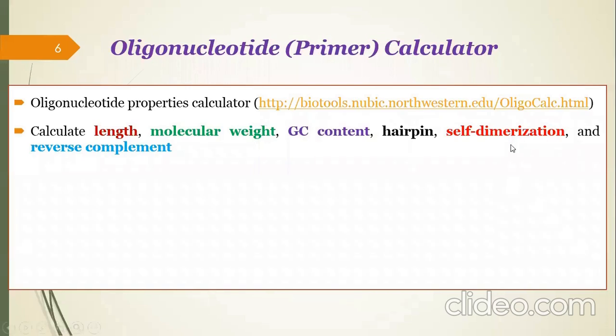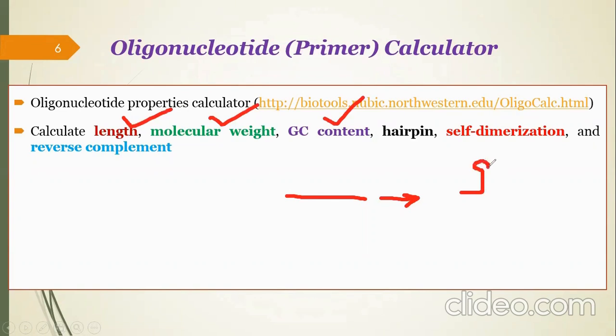Self-dimerization is also important. So either the primer is self-dimerizing or not, and reverse complement. These are some of the properties that the primer will give. If we have a primer sequence, we want to check the length of that primer, the molecular weight, the GC content, and whether the primer is making a hairpin or not.